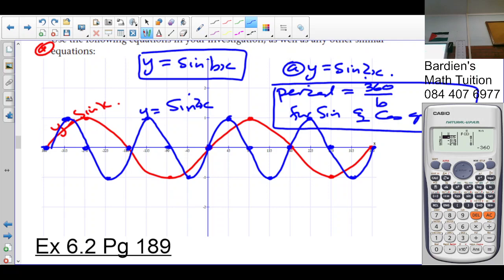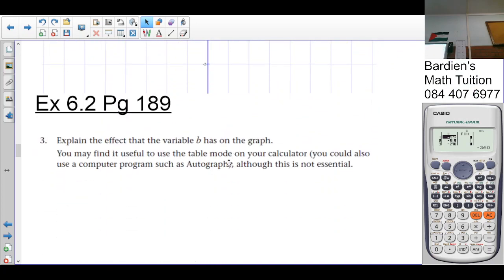Does it make sense? So before I take it off here, I just need to see what else I want to explain. The effect that the variable b has on the graph. You may find it useful that the table mode on your calculator you could also use. Okay, that is what we just came up with. Here you can download Autograph, but it's not essential, it's not necessary. Okay?